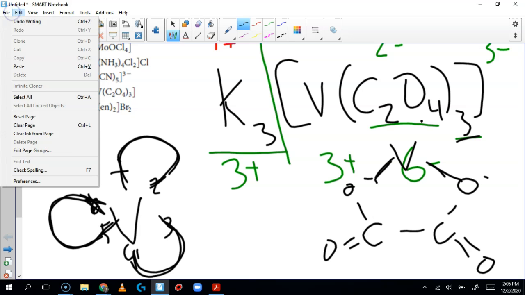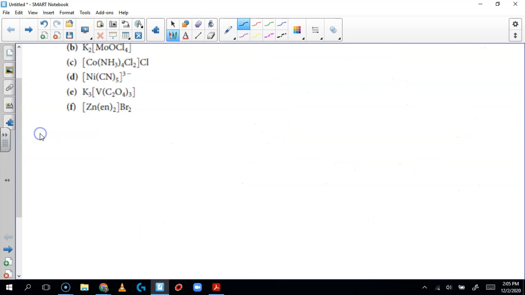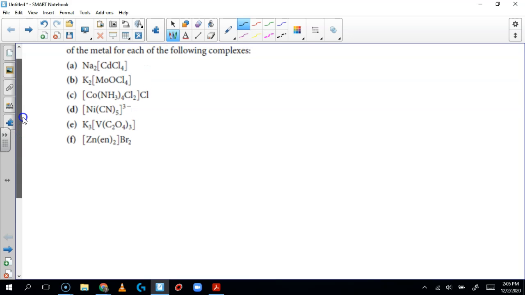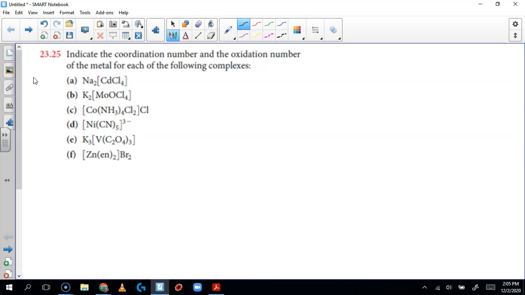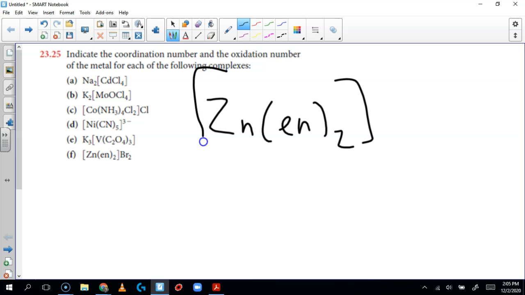Okay, so now let's do part F. We will do Zn, and then that parenthesis en stands for ethylene diamine. Okay, and then with a Br2.